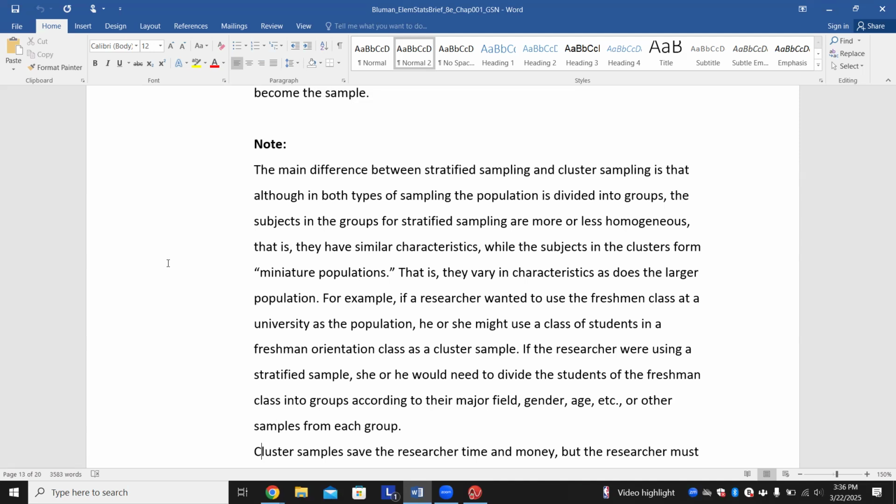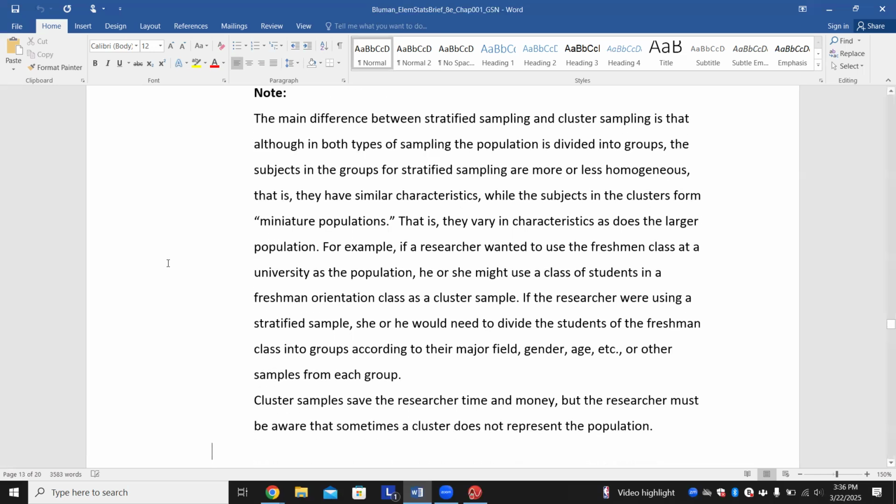And then for stratified, we would randomly select people out of each state to have a voice in our sample, or for cluster, we would just randomly select a few states. Maybe we would get a southern state and a northern state, and then that would be our sample. But within that state, there'll be completely random different characteristics, right? So that would be the difference between the two.